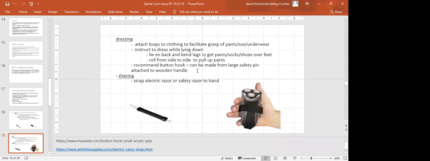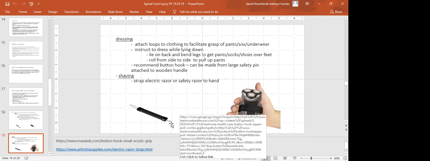And then the other recommendation we often make for people who have quadriplegia is dressing when they're lying down. Because if you're trying to sit up, it's really difficult to get your pants underneath you if you can't stand. It's hard to get your shirt on because you have to lift your arms up in the air. But if you lie on your back, you can bend one leg up at a time and get the pants over your feet. And then you can roll from side to side to pull them up.